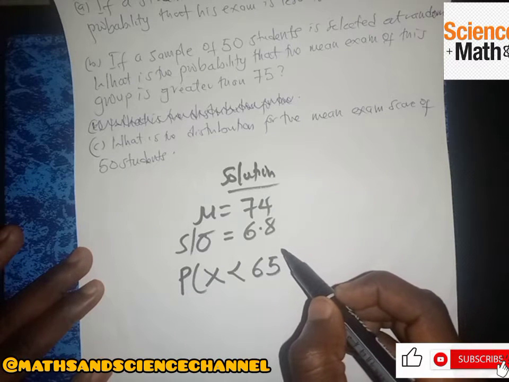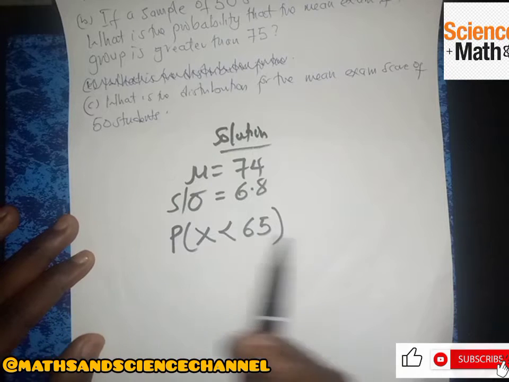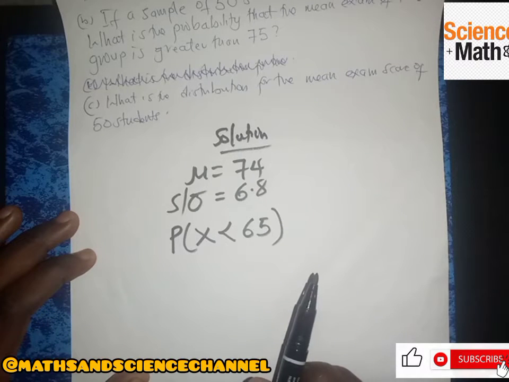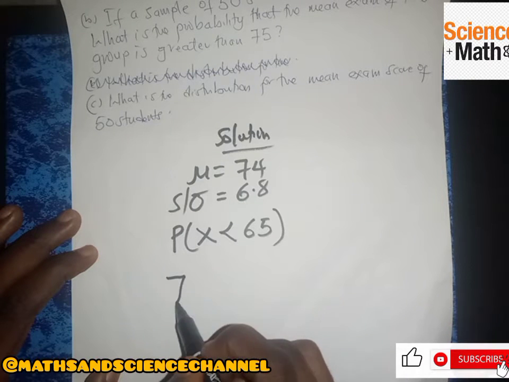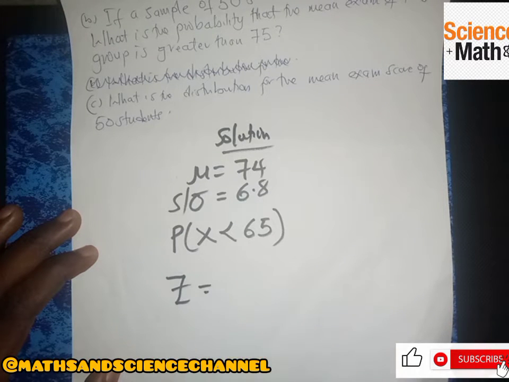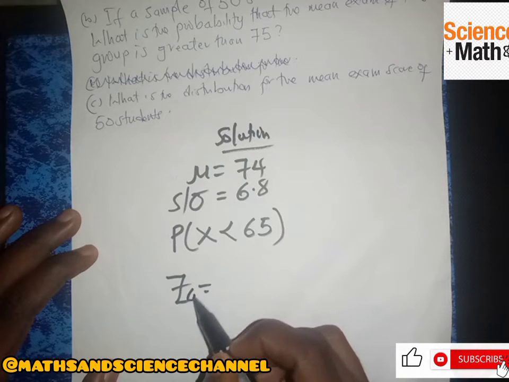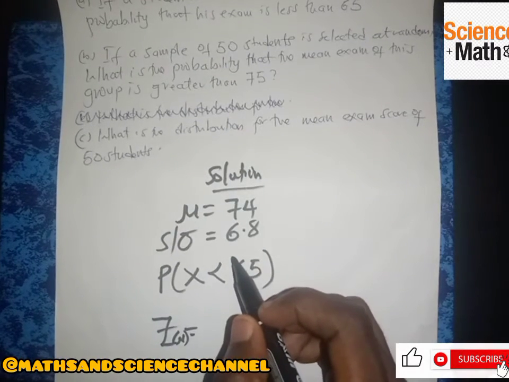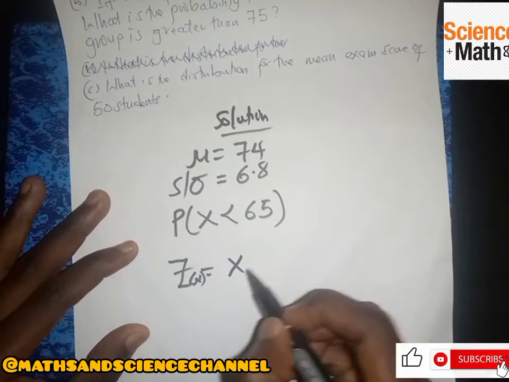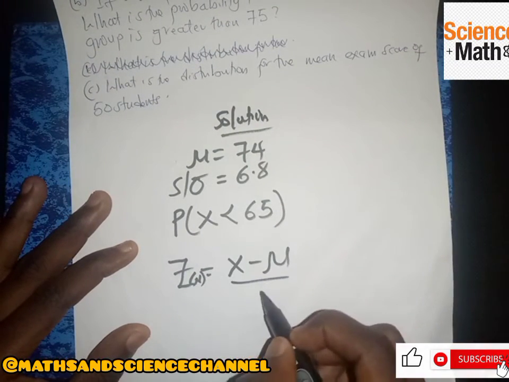Now if you look at the probability over here, you realize that we are not given a number of samples in this case. Because it is a normal distribution, it has to follow a normal distribution pattern. So we have z for the normal distribution. From the formulas we wrote, the normal distribution here is given by x minus mu, divided by the standard deviation.